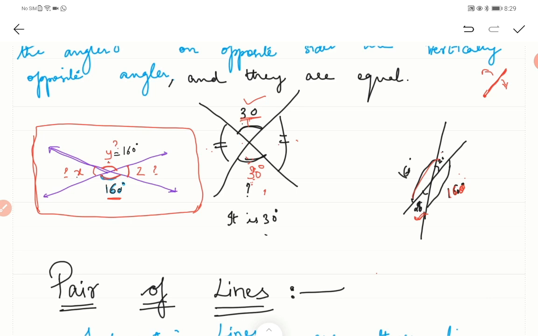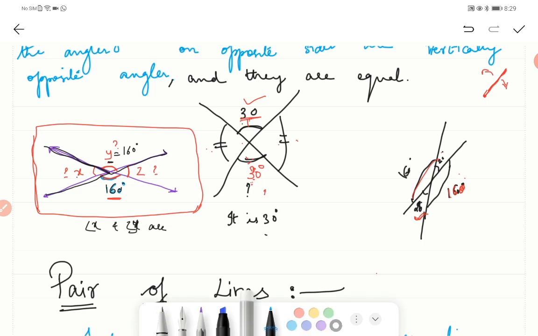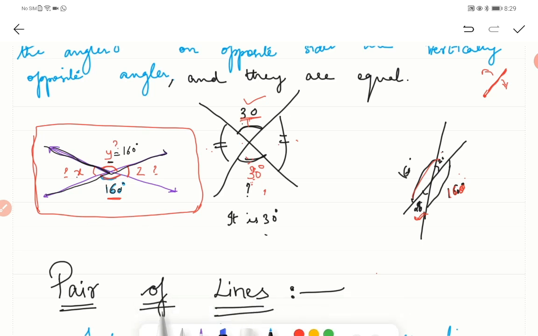See, we know y. So you have angle x and angle y. They are adjacent angles, isn't it? So now tell me, you can form a linear pair with them, isn't it?